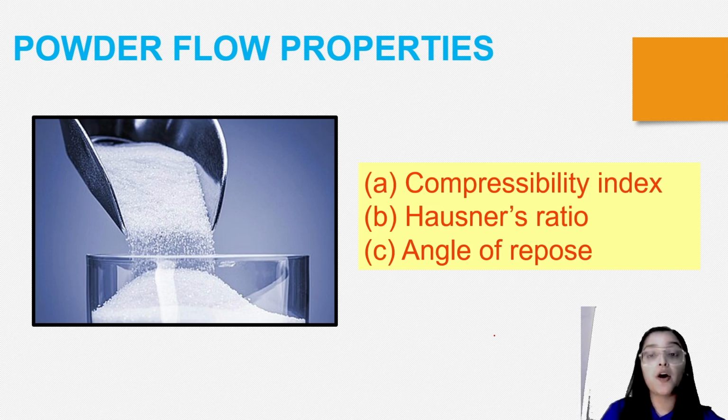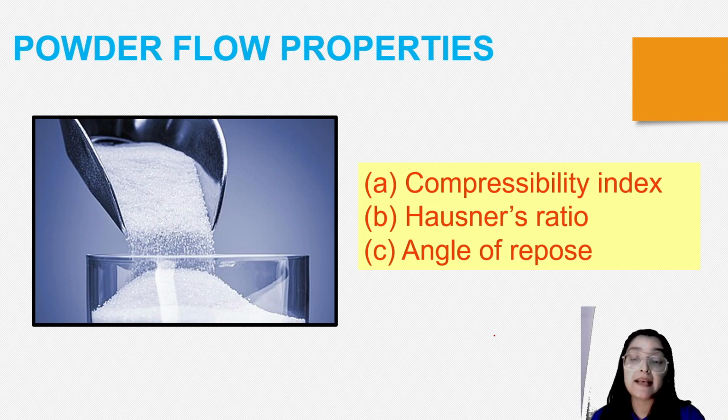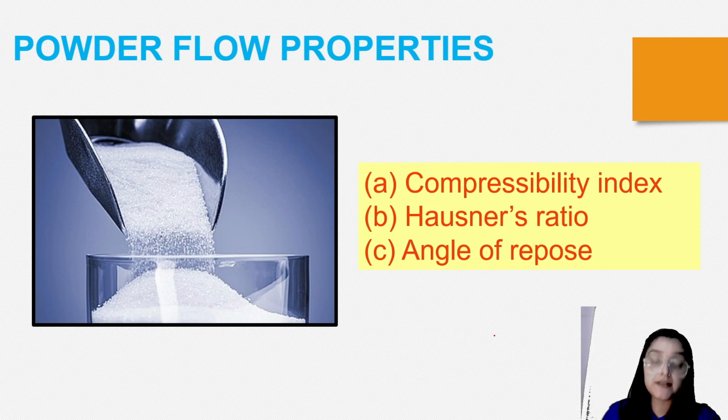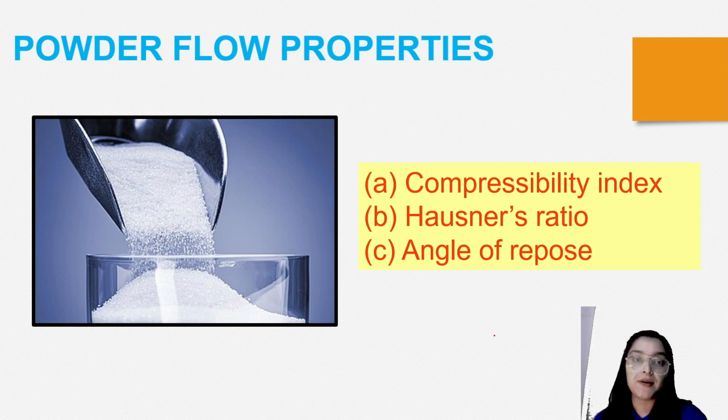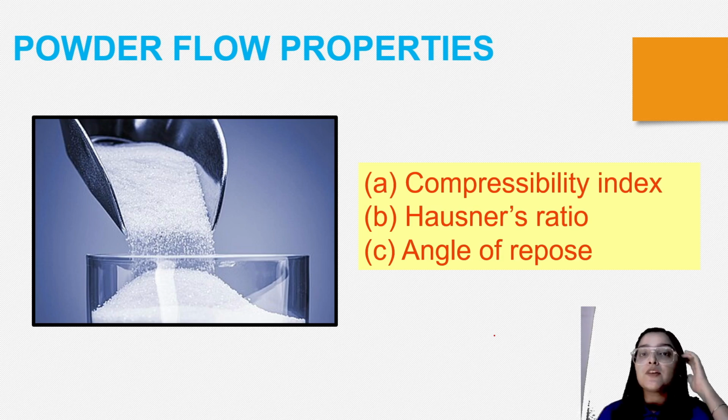Next comes your powder flow properties. This is a derived property, as I have already shown you earlier. The derived properties are really important. Among these derived properties is the powder flow properties. We have seen, if the particle is asymmetric, it offers poor powder flow properties. If the particle is symmetrical, it will offer good powder flow properties.